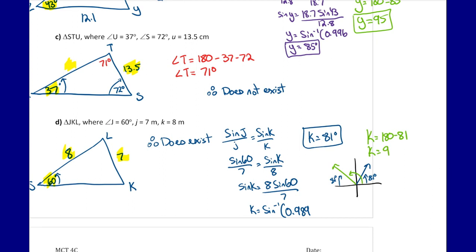K could equal 99 degrees. So again, those are the two possibilities now. K could be 81, it could be 99. We don't know. If we're given more information, it might make it clear, but right now we don't know, and that's just the point. We just want to make sure we're aware that there are two possible cases for this triangle.